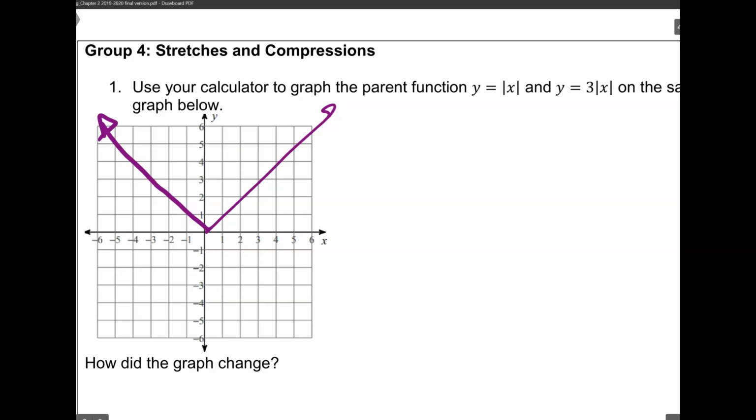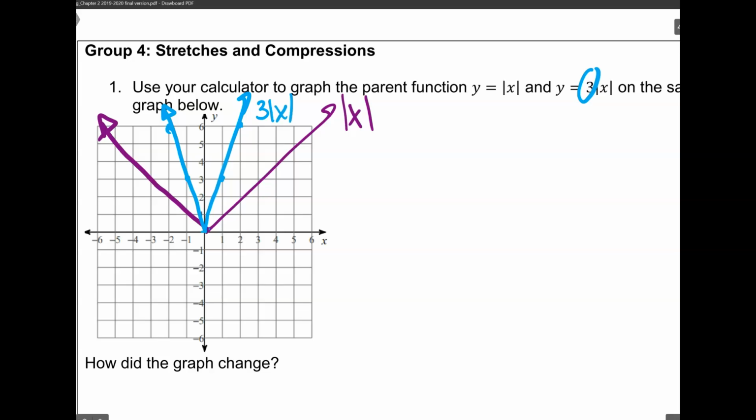What should the slope be of the second function? It should be skinnier. What's the slope? 3 times skinnier. 3. So remember how the slope of absolute value was 1? Here, the slope going to the right is positive 3. Slope coming from the left is negative.